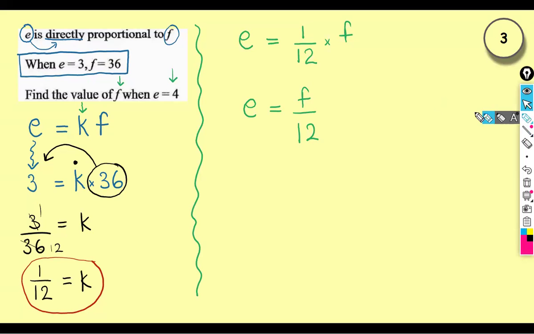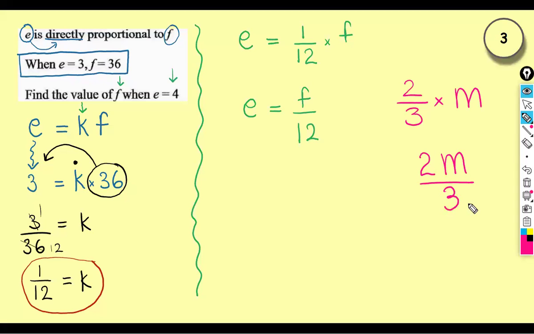This is my own made up example here. If I have 2/3 multiplied by M, and you see how M is kind of in the middle, and you don't know whether it belongs on top or underneath, it's perfectly okay to write it like this: put the M on top and the 3 underneath.